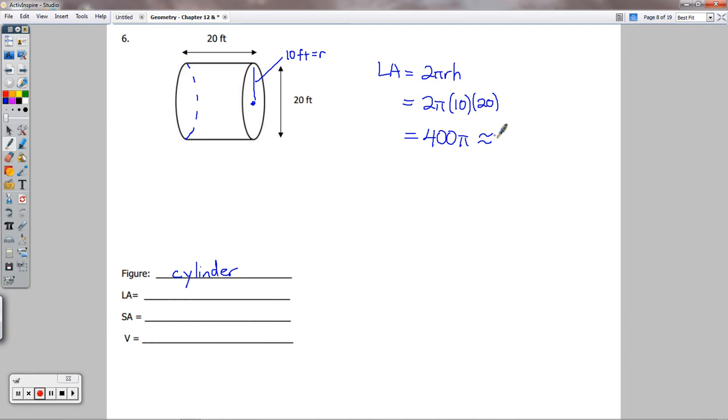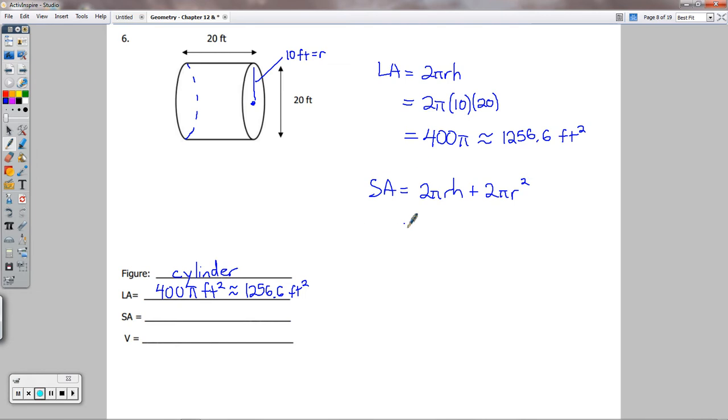So approximately 1256.6, and that would be in feet squared on this one. So you could say 400 pi feet squared, or approximately 1256.6 feet squared.